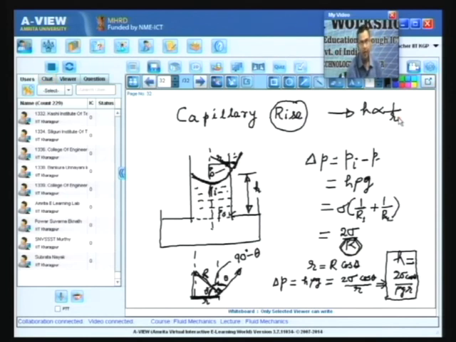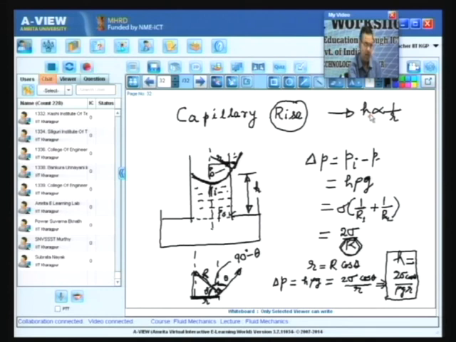Okay. So, what we can see is that H will be larger and larger as r becomes smaller and smaller, and that is why you will see that this phenomenon of capillary displacement, no matter whether it is rise or fall, is more apparent when the dimension of the capillary is smaller and smaller, because only then will you have a significant H. So, if you consider a flow of water through a pipe, if the pipe is of the order of meters, the H will be very small, but if the pipe radius is of the order of microns, which is called a micro capillary, then H is significantly important.